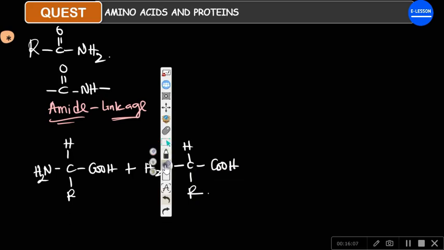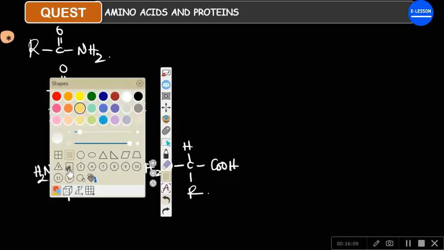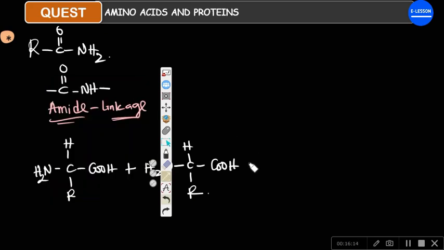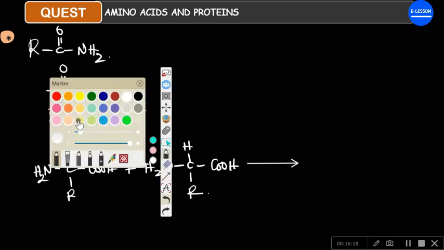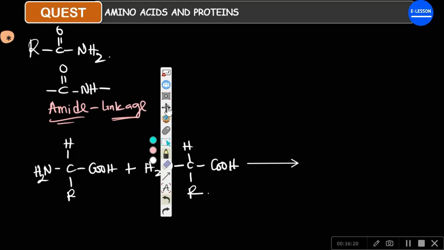Now, when these amino acids react together, what do you expect to form at the end of the day? What do you think will be the product of the reaction? It's a condensation reaction whereby a water molecule is given off. We've talked about condensation reactions over and over again.